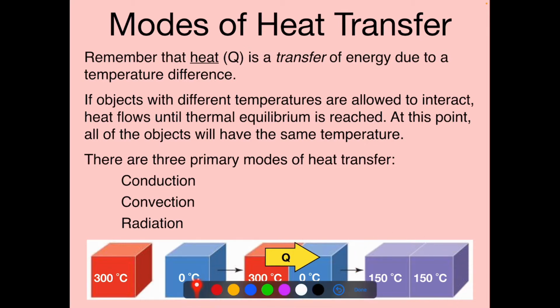So heat is referring to that transfer of energy from the hot block to the cold block in this example. But it turns out there are different ways that heat can flow from one place to another. In other words, there are different modes of heat transfer, and I want to go over those with you. So the three primary modes of heat transfer that we're going to discuss today are conduction, convection, and radiation.